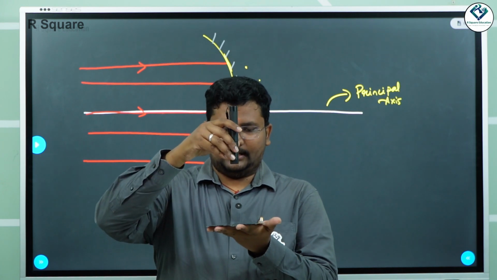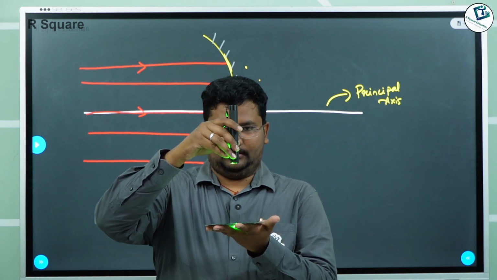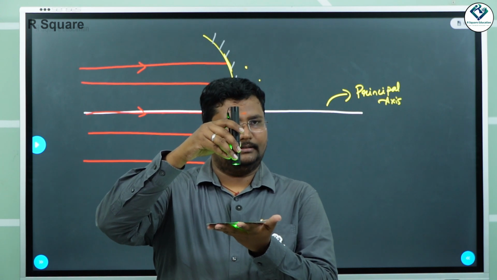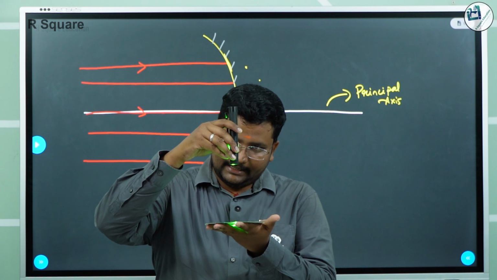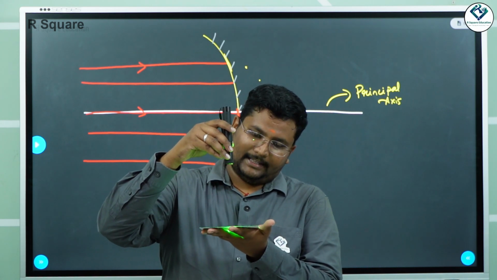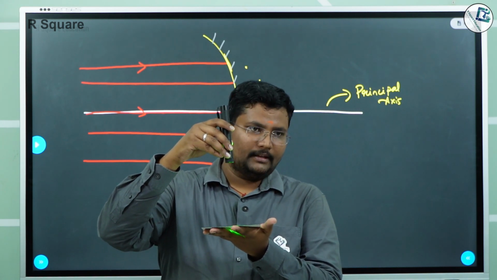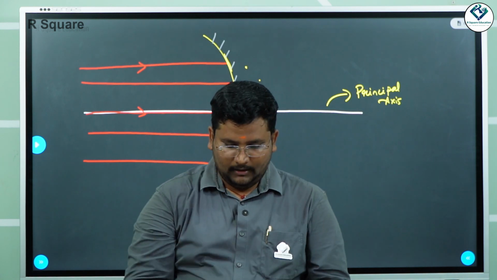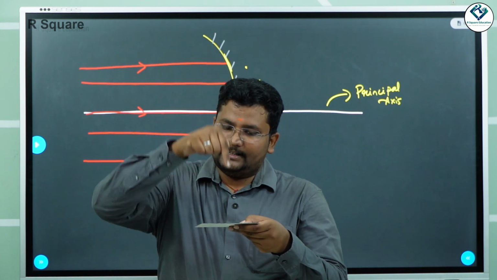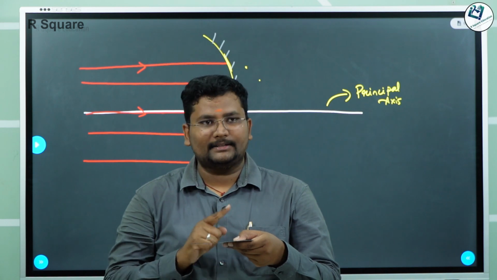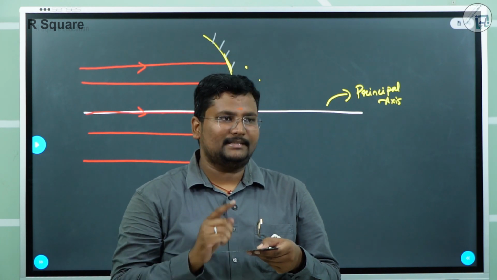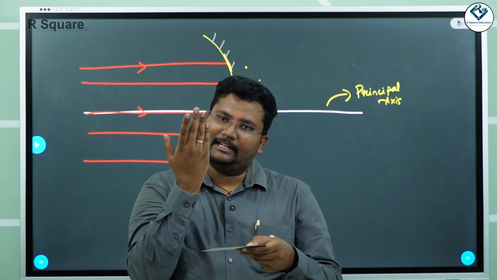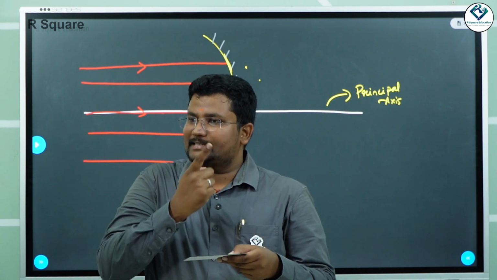If a light source is normal to the plane, what happens to the light? It retraces the path. Can you see the light goes back to where it came from? So when a light is incident normally, it does not have any angle of reflection, which means it is going to have an angle of reflection of 180 degrees. It is going to retrace the path.